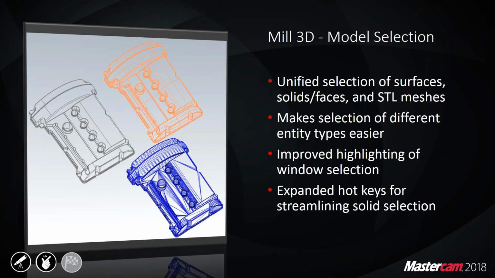Personally, I don't recommend programming off of an STL because it is a triangular mesh, so you are going to get faceted depending on how accurate the STL is. But we have had requests where people want to do this directly off of there. And you have the same selection tools as you would with a surface or a solid model. So you can window select a particular set of faces on an STL and it works the same as how you've been used to programming a surface or a solid model.